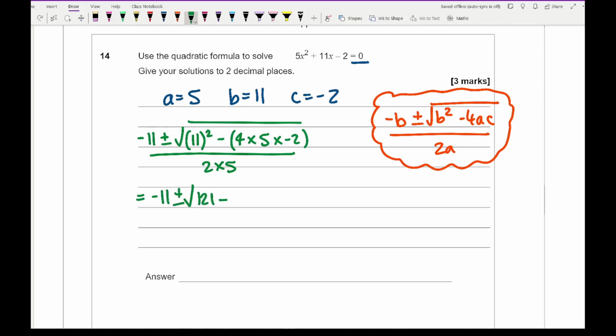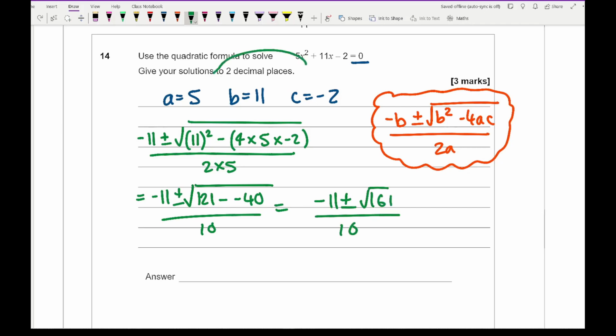So 4 times 5 is 20, times minus 2 is minus 40, all divided by 10. So then what I'm going to enter into my calculator is this. It's a lot easier, less likely to make a mistake. And then entering that to 2 decimal places, it's going to be minus 2.37 or 0.17.